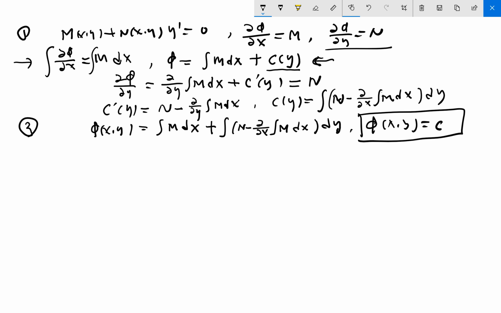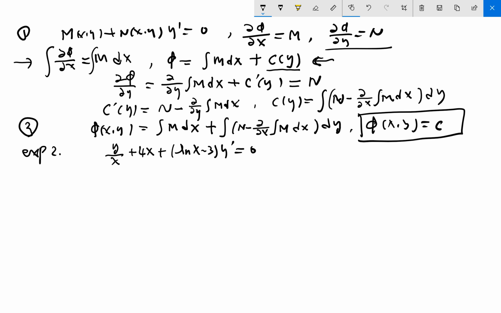Now let's look at the example, example 2. How do we use equation 3 to solve an exact equation? This equation is like this: (y over x plus 4x) plus (ln x minus 3) y prime equal to 0.